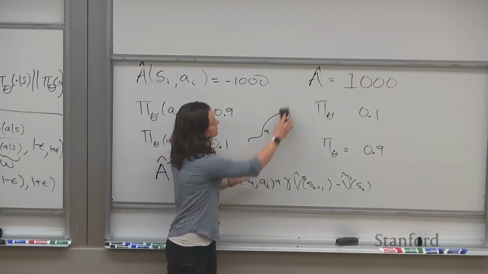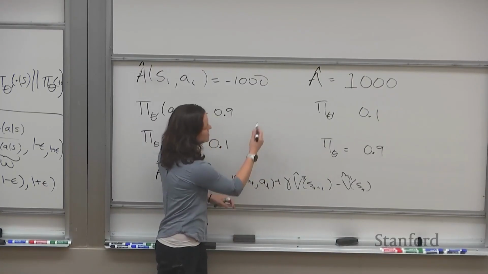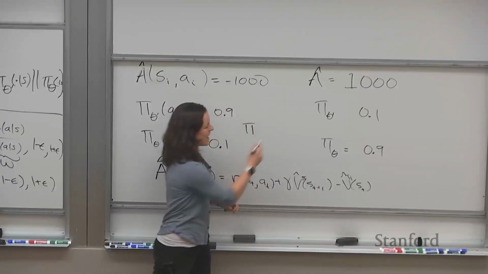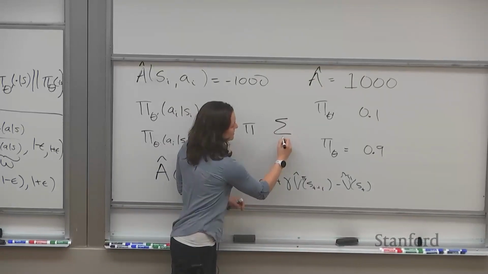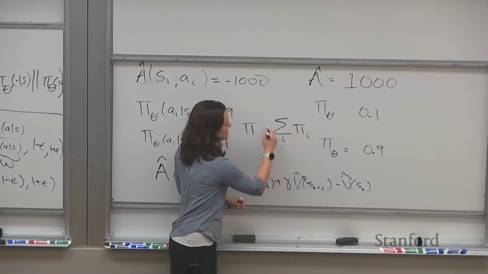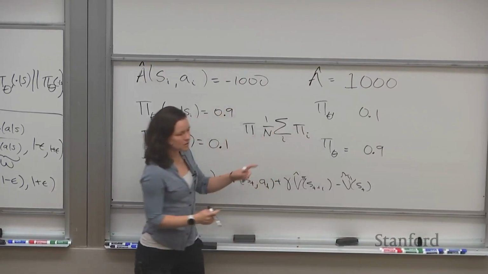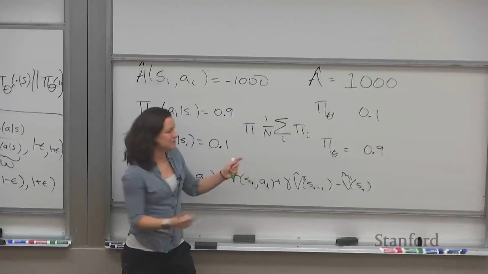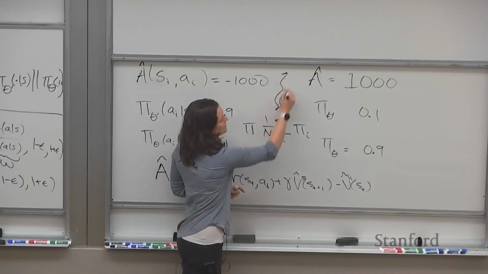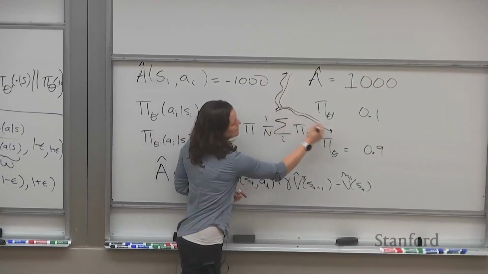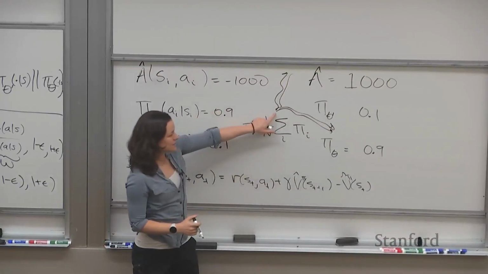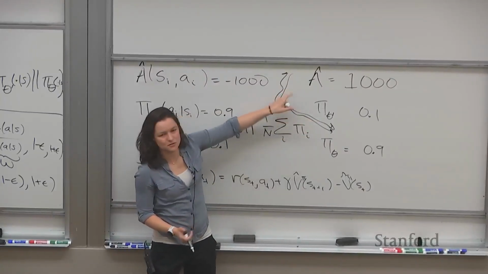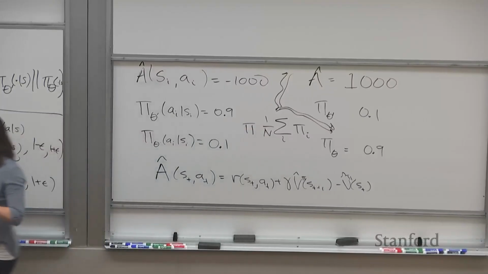If things were collected in a particular way, the policy might look something like an average over your previous n policies. It's a little bit different than this, because in some states one policy might have gone over here and another policy might have gone over here. So in this state it's going to be a mixture of policies, but in this state it's going to be more of this policy, and in this state it's going to be a different policy. So it's actually a little bit messy.